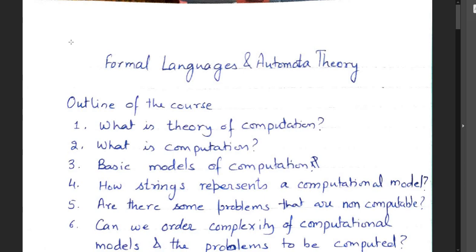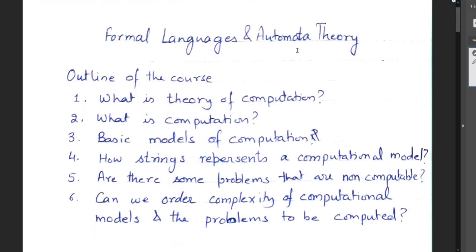In the previous lectures, we talked about the content of this course, and while we were talking about the content, we went through a certain number of questions that we will be trying to address in this particular course. So, what are formal languages? What is automata? And what is theory of computation?